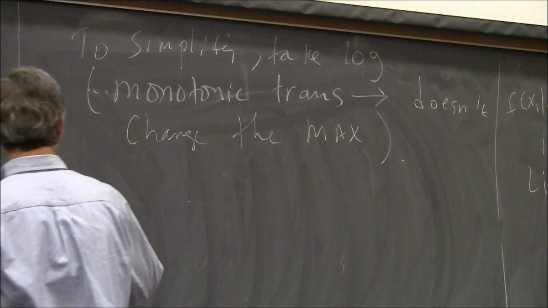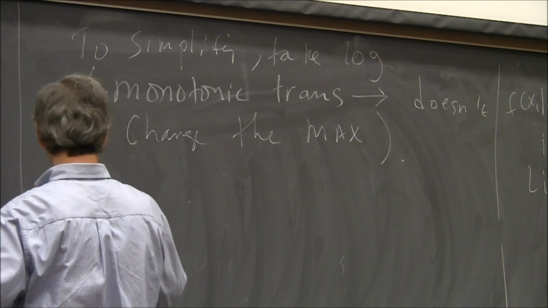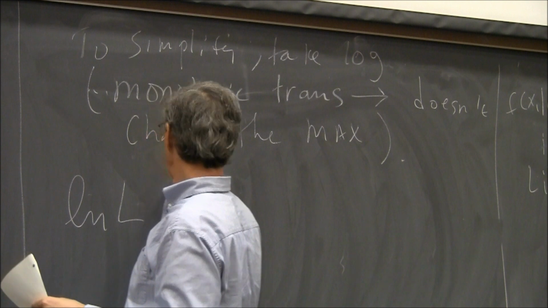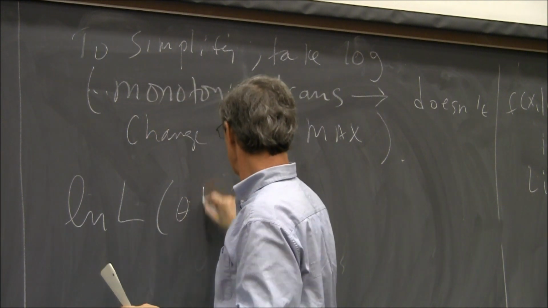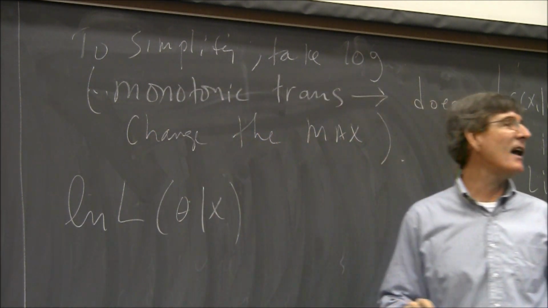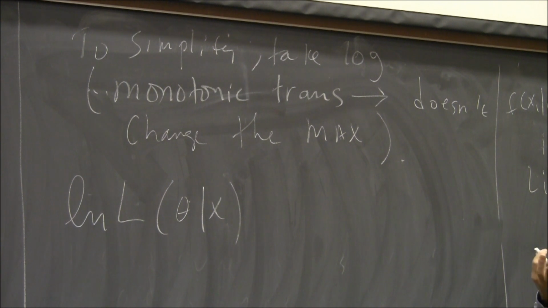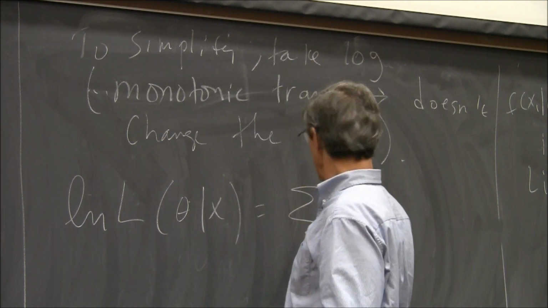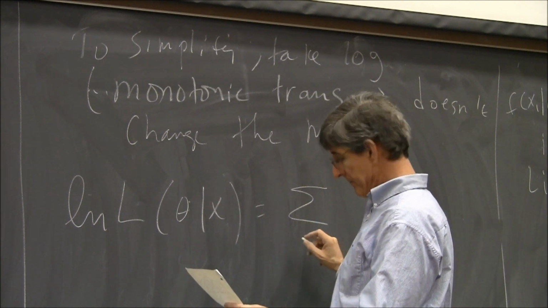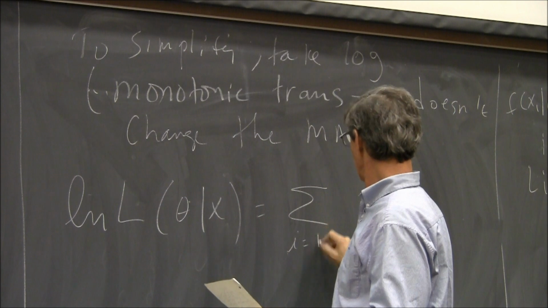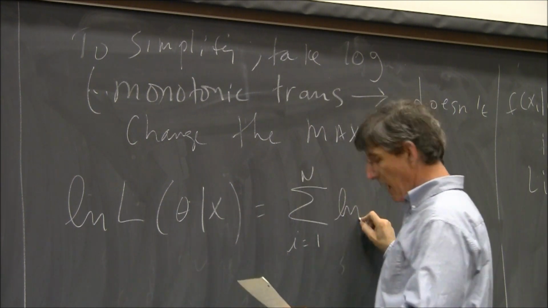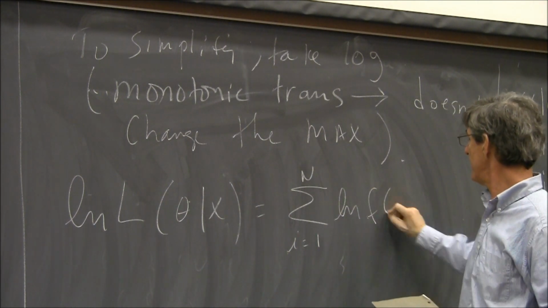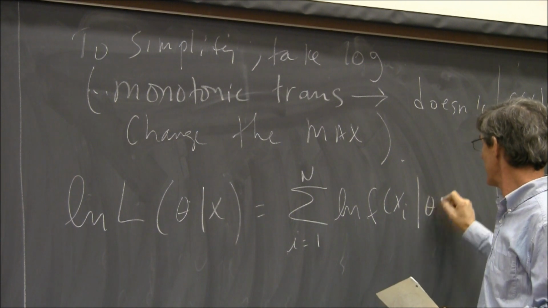So the log of L of theta and x is not the product, but rather it's the sum. And the derivative of the sum is a lot easier than the derivative of a product. So this is equal to the sum from 1 to n of the log f of xi given theta.